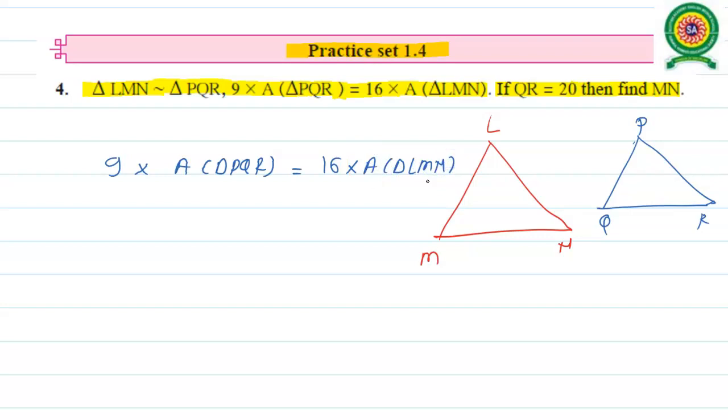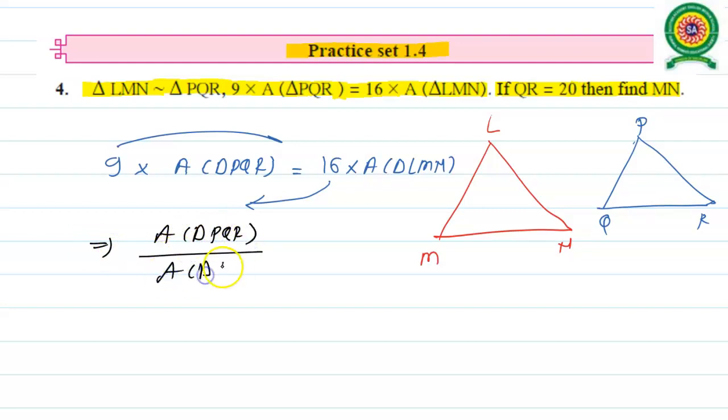Shifting 9 from LHS to RHS and 16 from RHS to LHS, we get area of triangle PQR divided by area of triangle LMN equals 16 divided by 9.